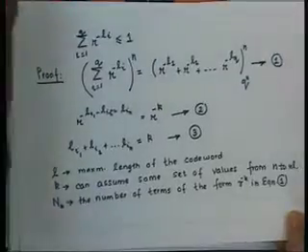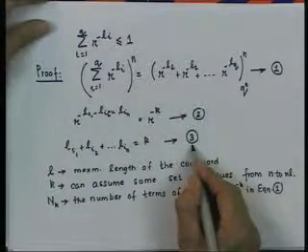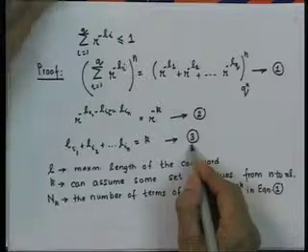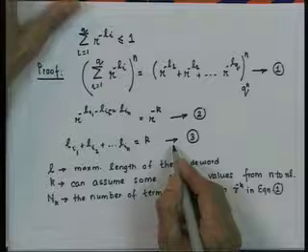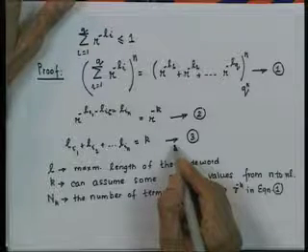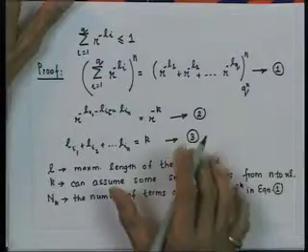Now, if you look at equation number 3, we see that N_k is also the number of strings of n code words that can be formed, so that each string has a length of exactly k code symbols.